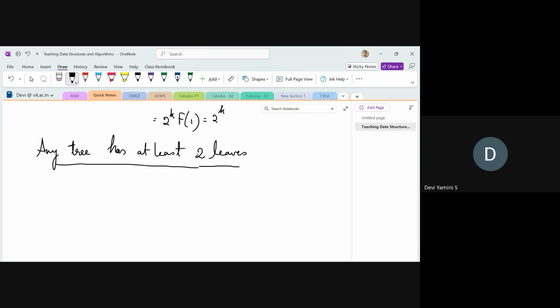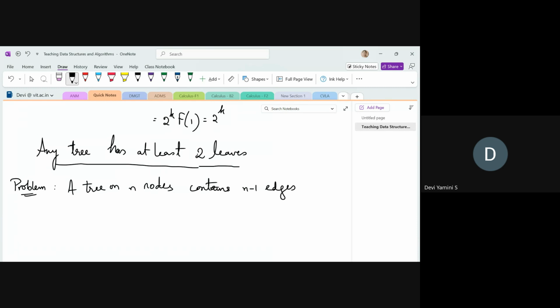And the problem that I'm going to prove is, to illustrate the mathematical induction, I'm going to take a problem on trees and prove this statement. A tree on n nodes contains n minus 1 edges.